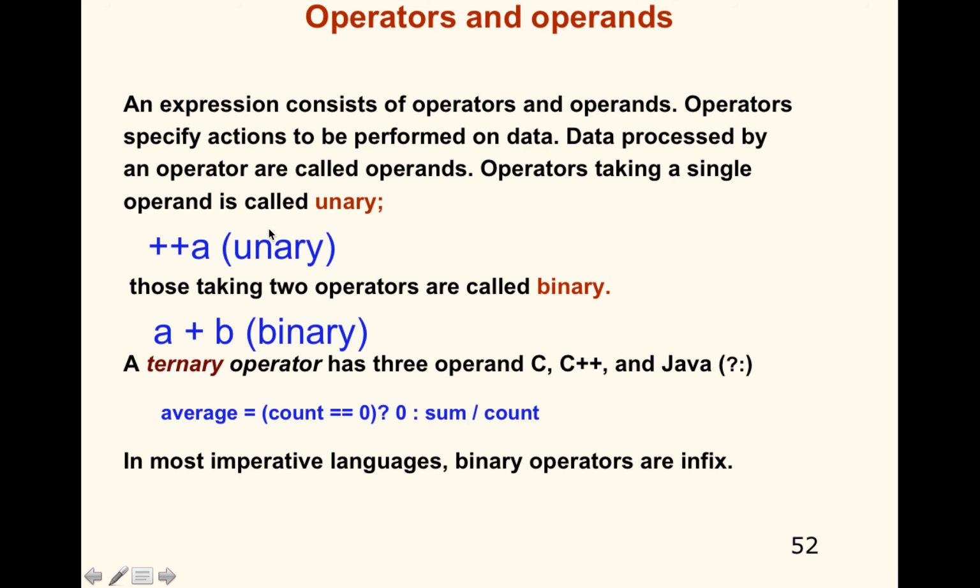We have infix, which means it's in the middle, prefix, which means it comes before, and postfix, which means it comes after. This is prefix, plus A. We can also go A++, which would be postfix, and this is infix. So those are the 3 combinations. The book has this in a little bit more detail. With the unary, you're going to have the pre or the post.